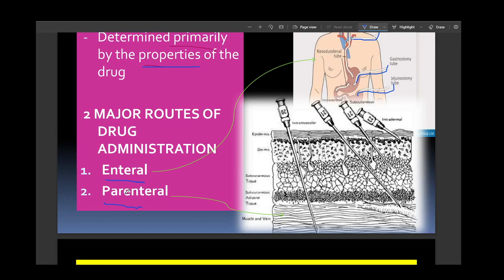And parenteral means away from the GIT. Some examples are the intramuscular injection, the subcutaneous injection, or the intradermal injection.